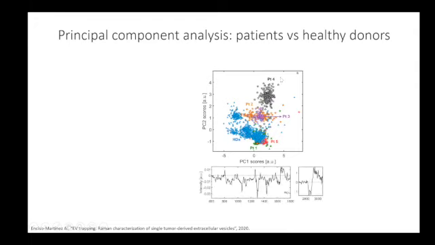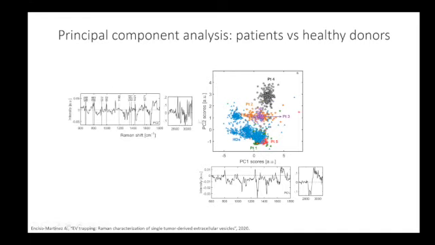And we wanted to see what was making patient 4 so different from the other patients or the healthy donors. So we looked at the principal component loadings, and in patient 4, we saw very high values for principal component number 2.